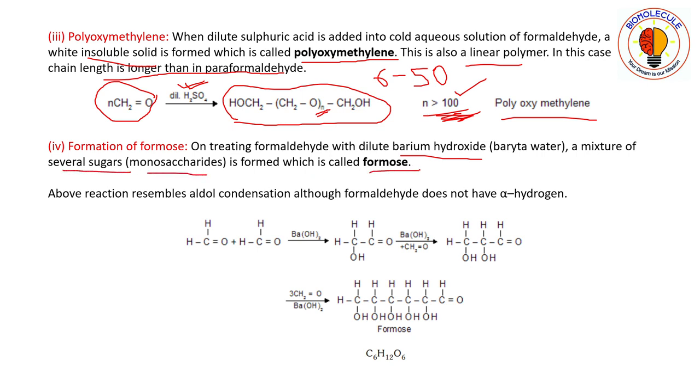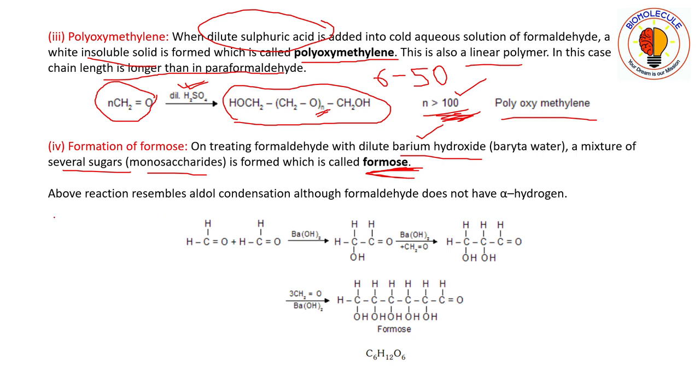is called formose. So till now we were reacting this formaldehyde in acids, okay, but now we are treating this formaldehyde with a base, that is here barium hydroxide. So we will get a mixture of several monosaccharides, which is called formose.